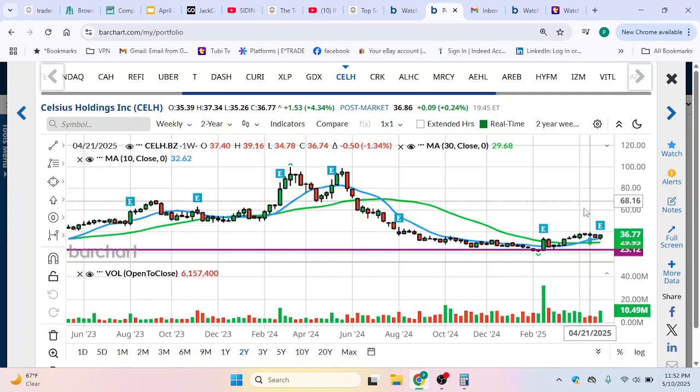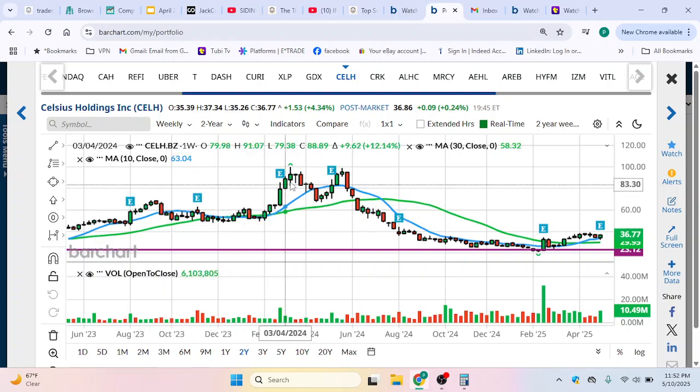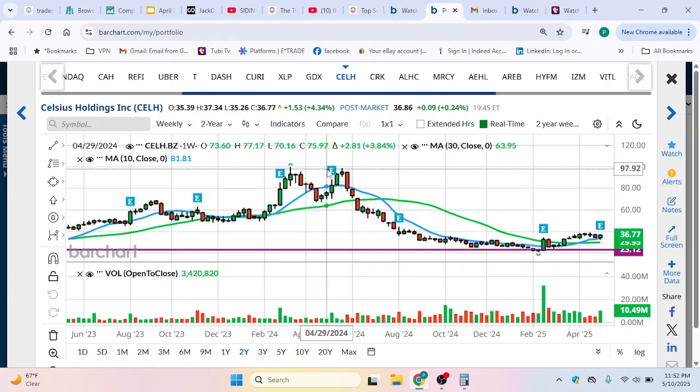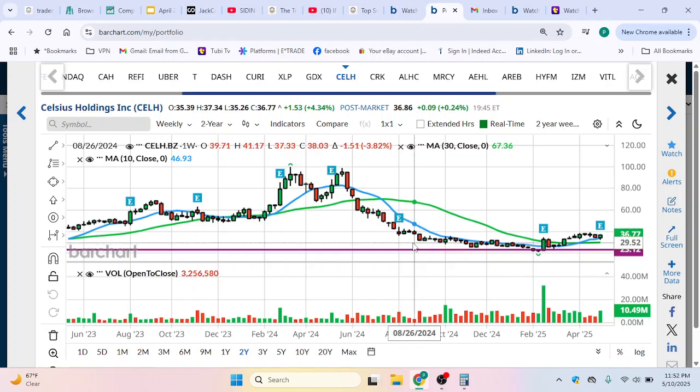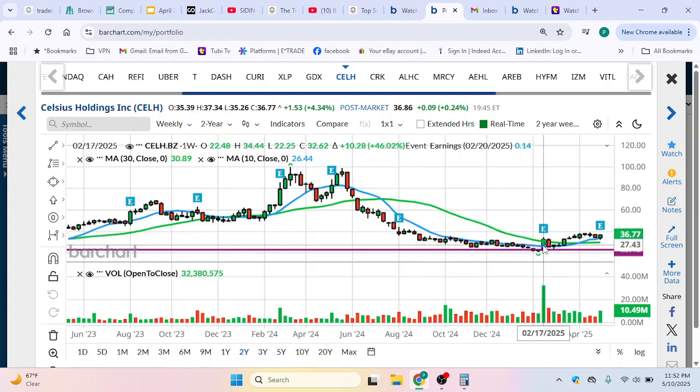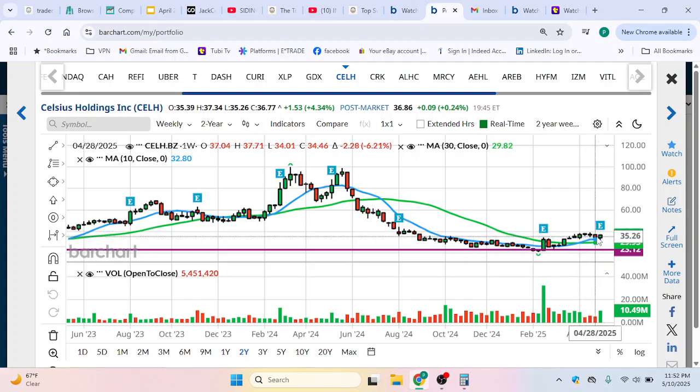Here's another possible opportunity. Celsius Company previously had this nice run up, gave us the stage 3 into the stage 4 downtrend, and since late last year, it's just been the stage 1 sideways trend. Then we have this spike on earnings. Since that event, the stock has slowly moved up, and so now it may be presenting a possible buying opportunity.